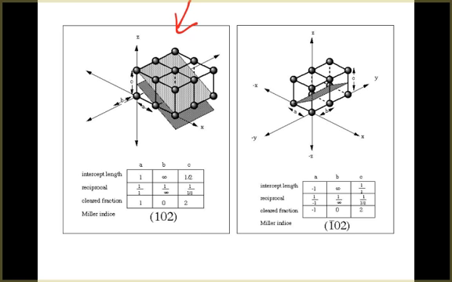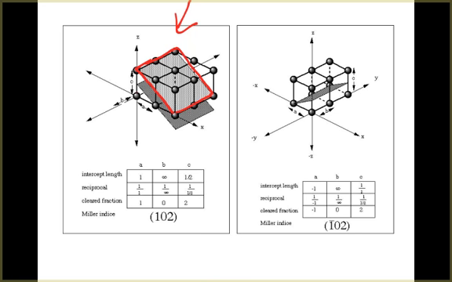Let's just look at this plane for now, and you'll see that the plane intersects the C-axis half as far away from the origin as along the A-axis, and that the plane is parallel to the B-axis.